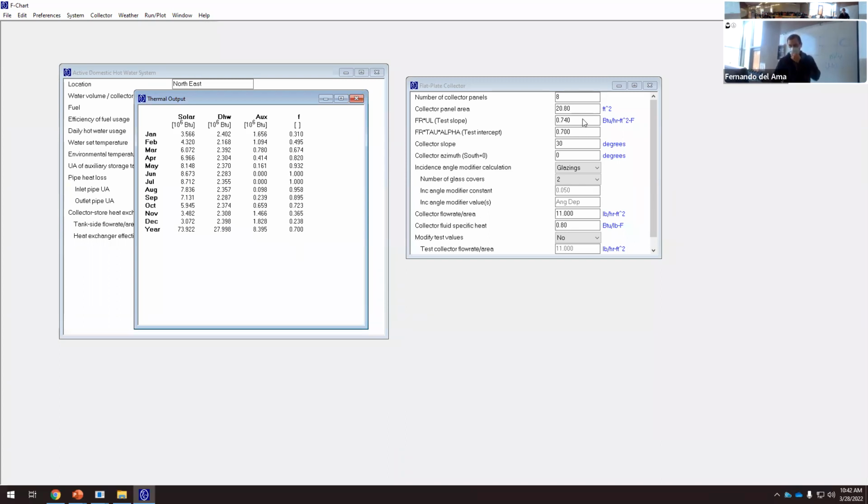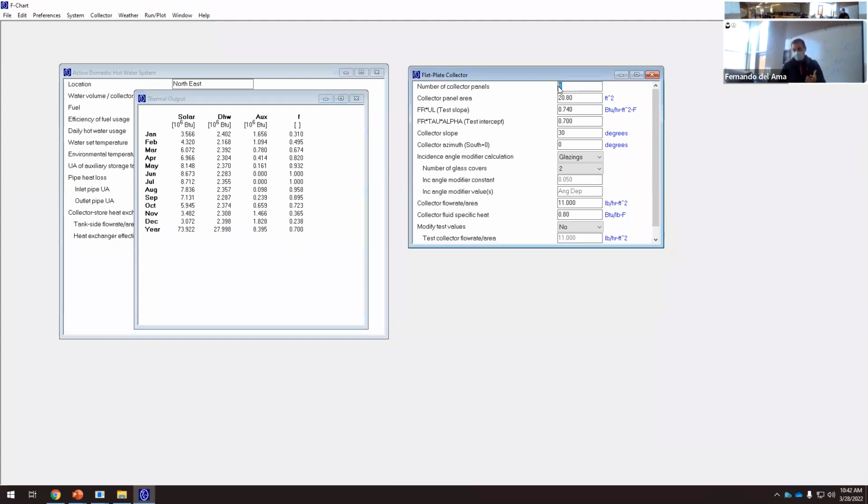But try different numbers of collectors, and the goal is that the year average should be above 0.6, and make sure that we are not very far from 1.